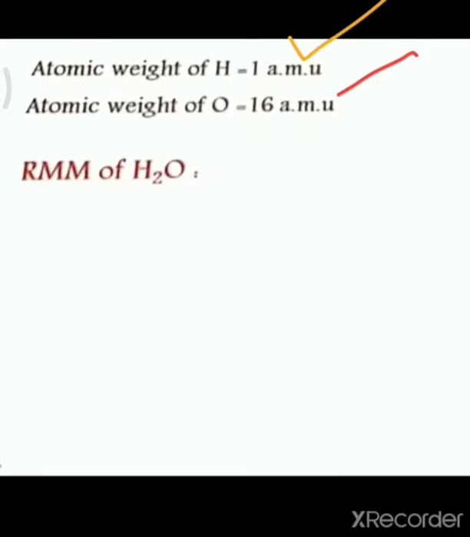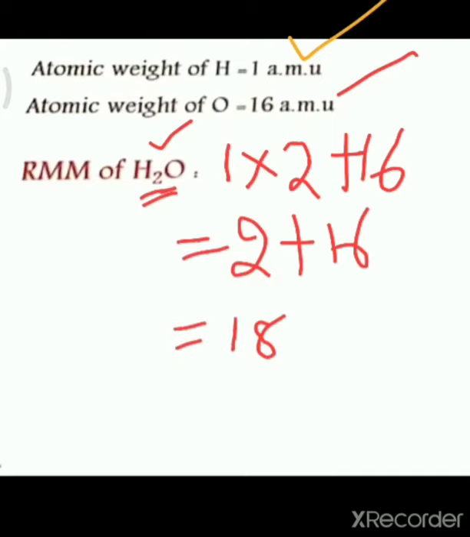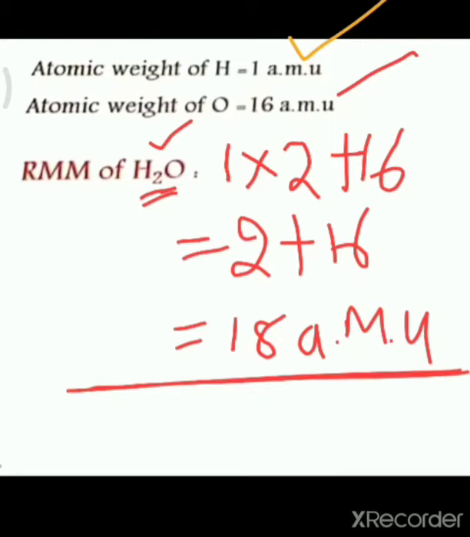We put the atomic mass of hydrogen first, that is 1. As the subscript 2 is there, 1 into 2 plus oxygen 1 is 16. Then 2 plus 16 equals 18 AMU. So the relative molecular mass of water is 18 AMU.